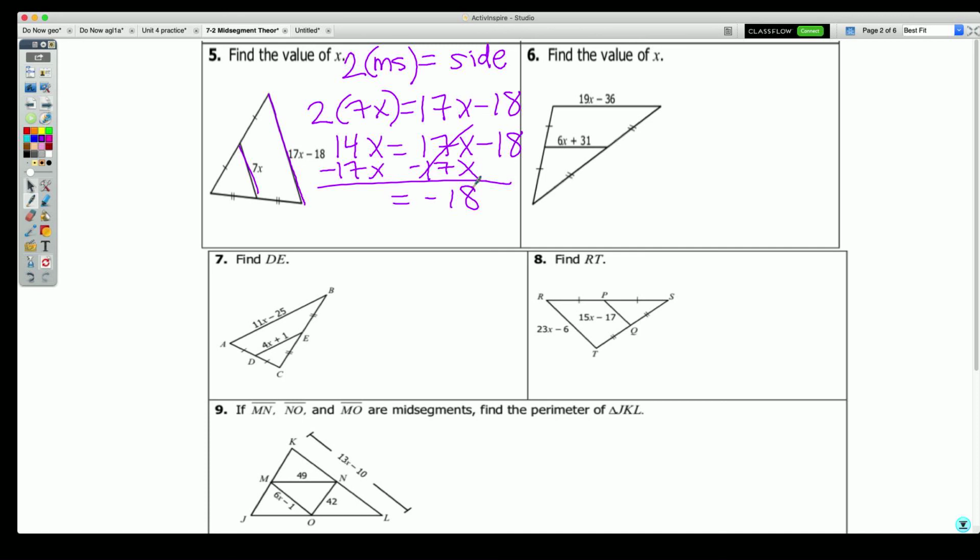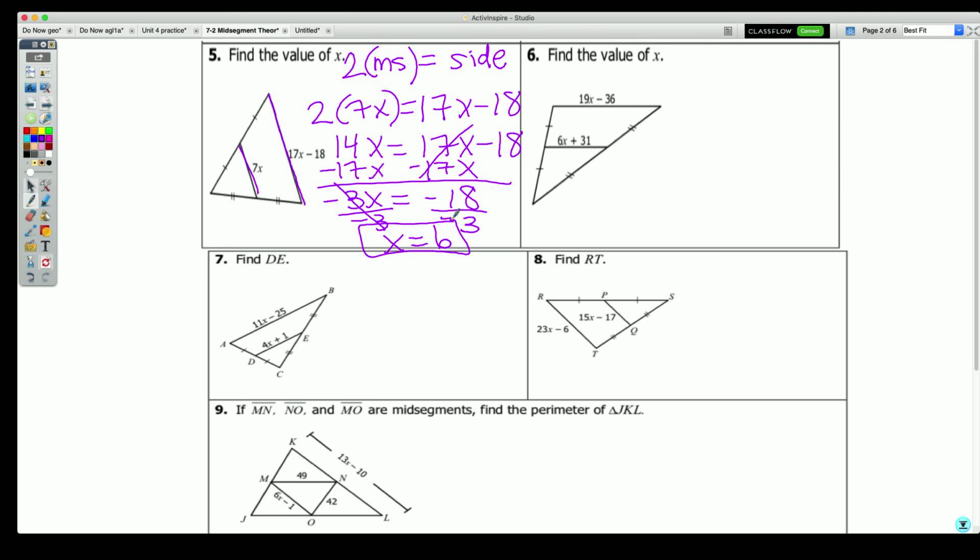And then 14 minus 17 leaves me with negative 3x. I'm going to divide each side by negative 3, and I get x equals positive 6. We were just asked to solve for x there, so I'm done with that one. So all you have to do is find which one is your mid-segment, multiply it by 2, and then set it equal to that side.